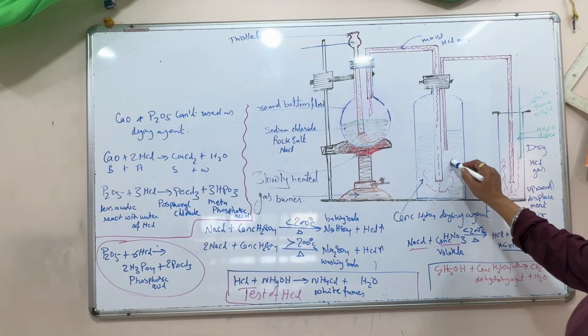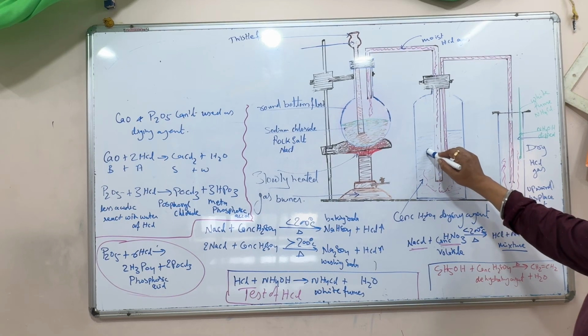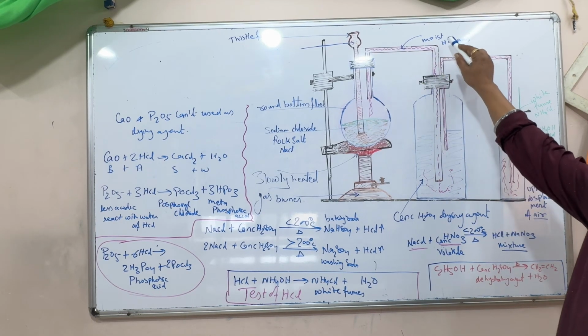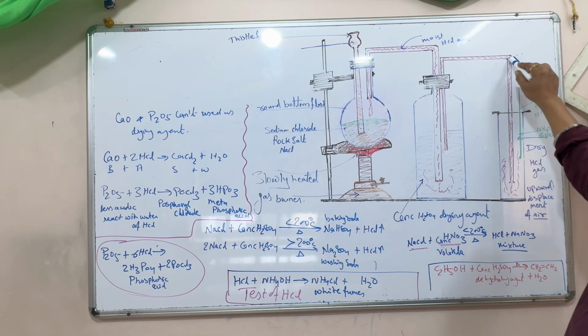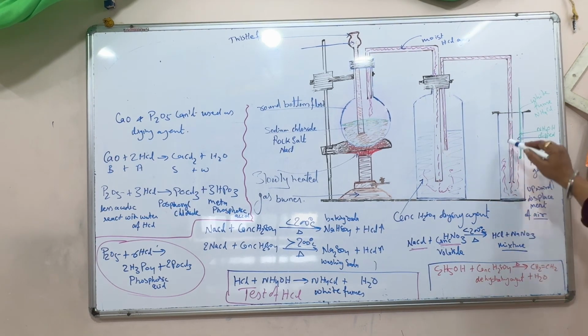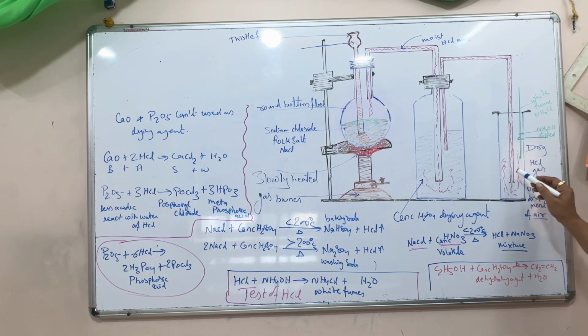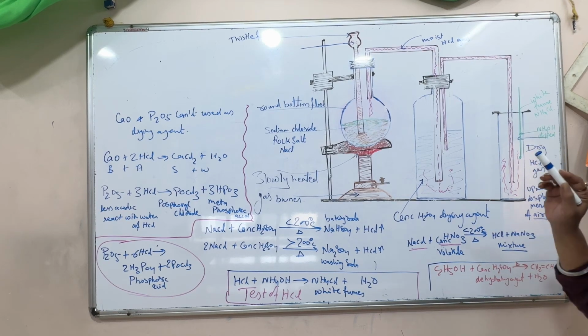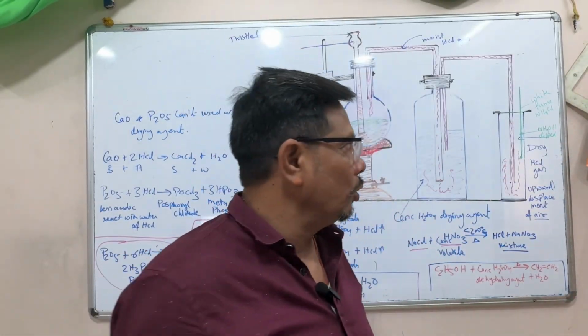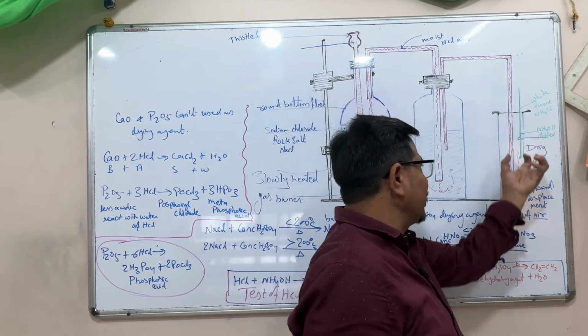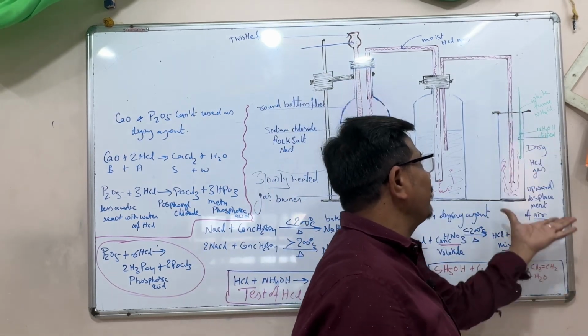Sulfuric acid absorbs the water molecules of the moist HCl gas. Now dry HCl gas moves this side through this, and here air is present, but HCl is heavier than air, so HCl gas will go down and air will come up.